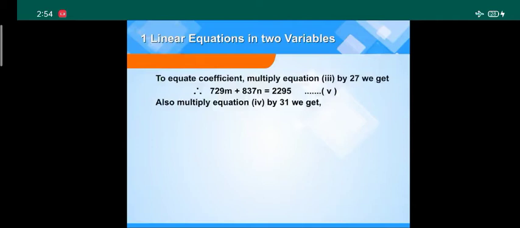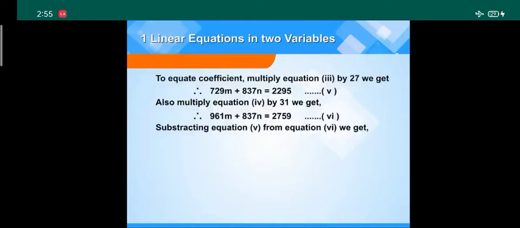Also multiply equation number 4 by 31. We get 961m plus 837n is equal to 2759. This is equation number 6.